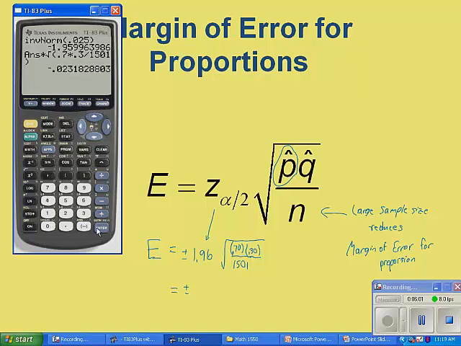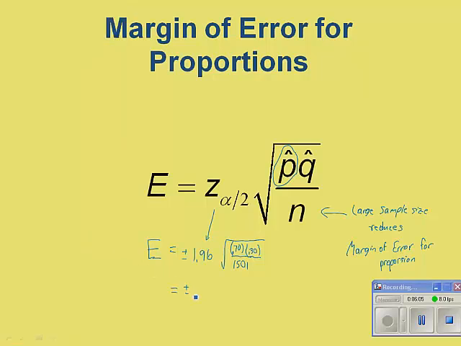Okay, so my margin of error is plus or minus 0.023. But what's that mean? That's our question. We'll see that shortly.